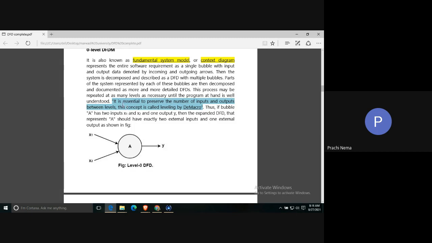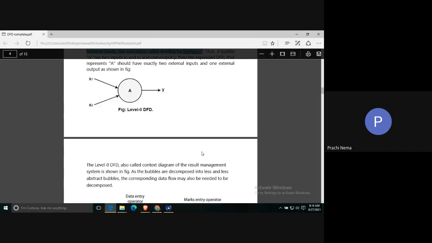So it is essential to preserve the number of inputs and outputs between levels. This concept is called leveling by balancing. So if you have a process A with two inputs and one output in level 0, then in level 1, if process A is redrawn, it must have two inputs and one output. This is called leveling by balancing.